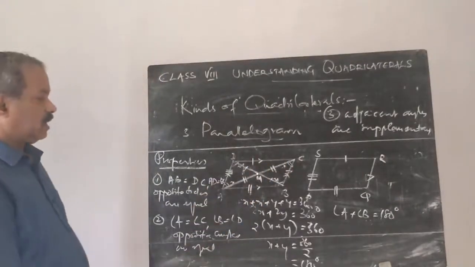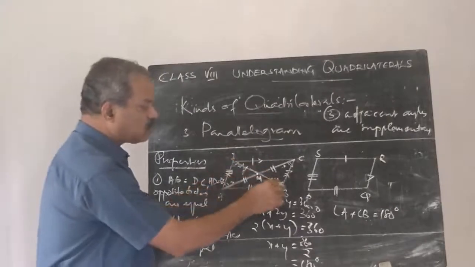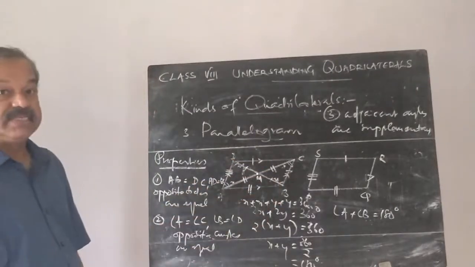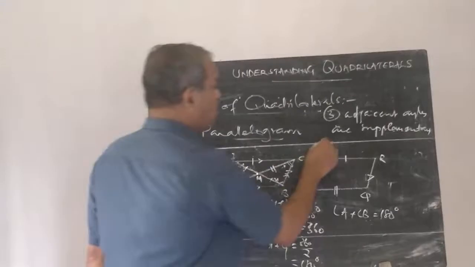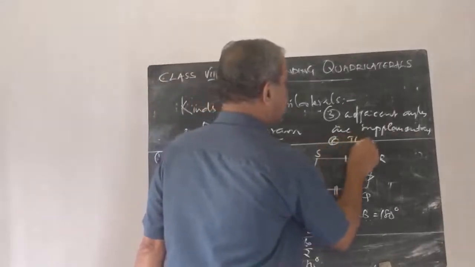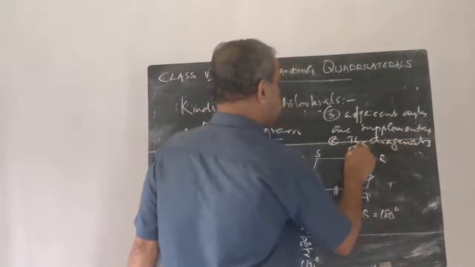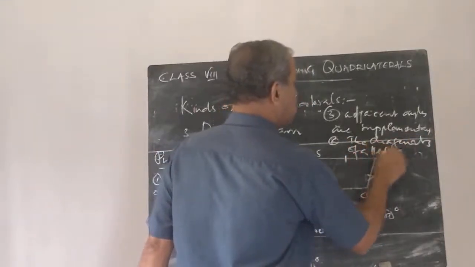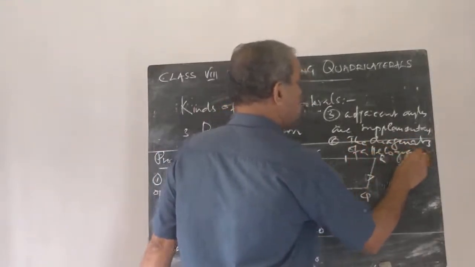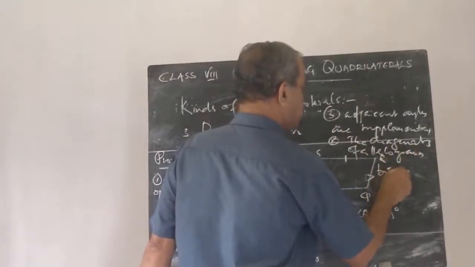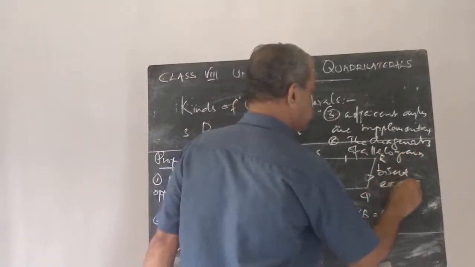In short, the diagonals of a parallelogram bisect each other. This is the fourth property: the diagonals of a parallelogram bisect each other.